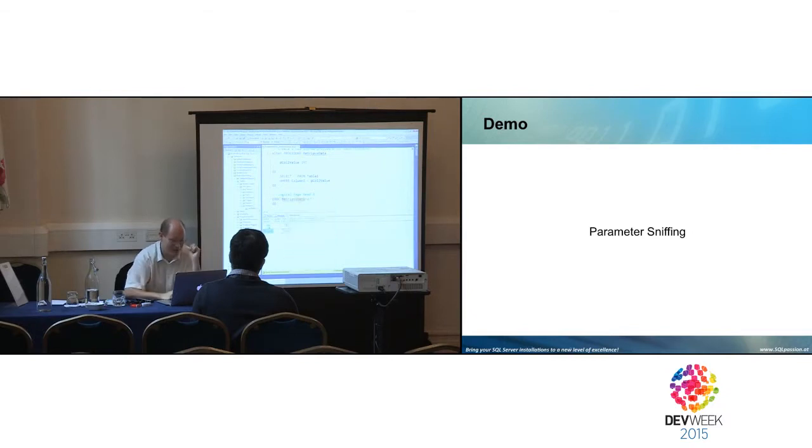Because you would only get the correct result with the input parameter value of 1. With the input parameter value of 2, if you cache that plan with the filtered non-clustered index, it would give you an inaccurate result: 0 rows, but in reality you have 1499 rows. So the filtered non-clustered index only works with hard-coded values.